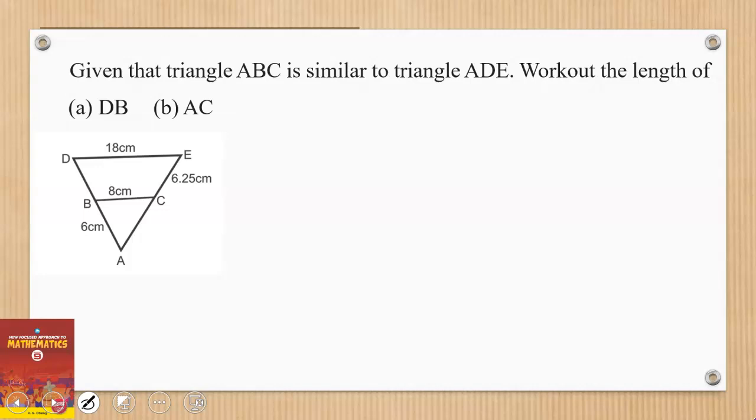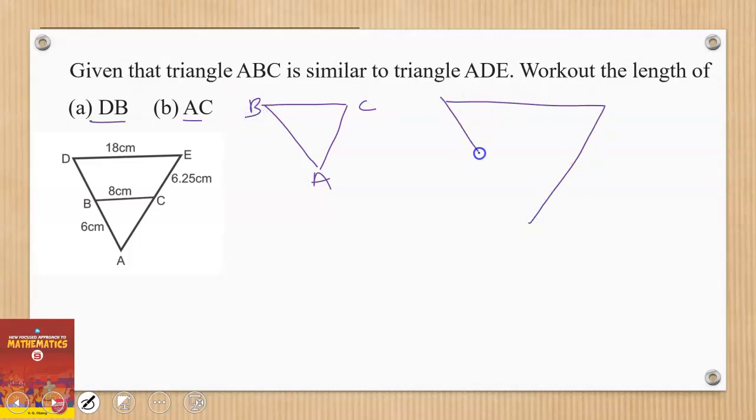Given that triangle ABC is similar to triangle ADE, work out the length DB and AC. Again, I can draw the smaller triangle ABC as such, having my A here, C here, and B here. Then I can do the same thing for the bigger one, having my A here again, E here, and then D here.